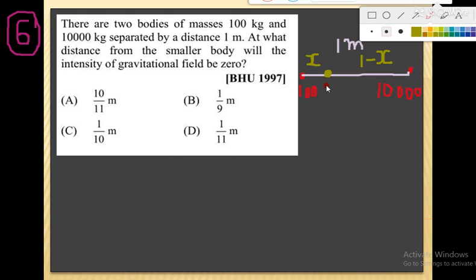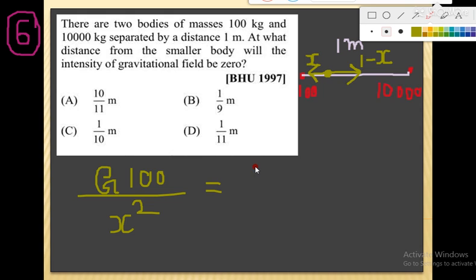So gravitational field due to 100 kg at this point will be towards this side, and its magnitude will be G into m by r square. So G into 100 by x square. This is the gravitational field due to 100 kg body, and this will be equal to gravitational field due to 10,000 kg body, which will be towards this side.